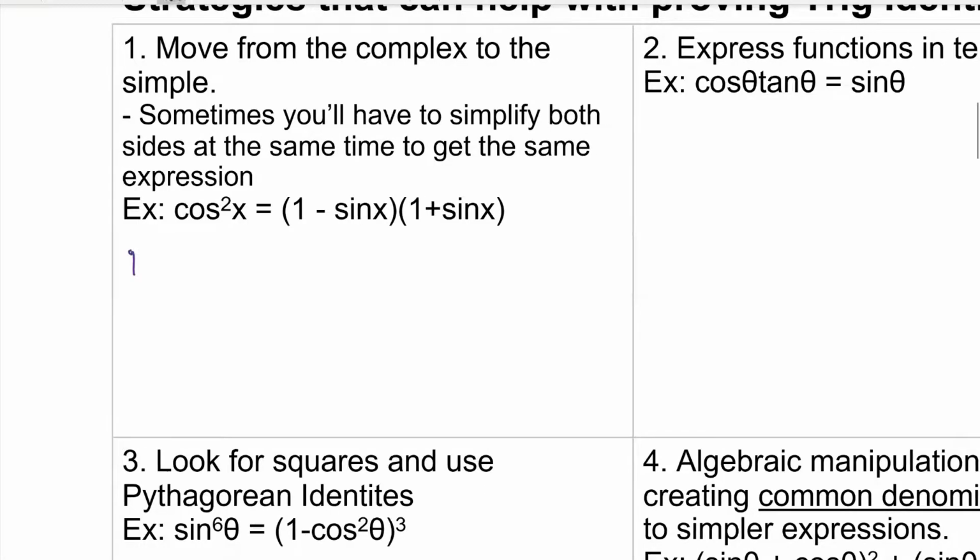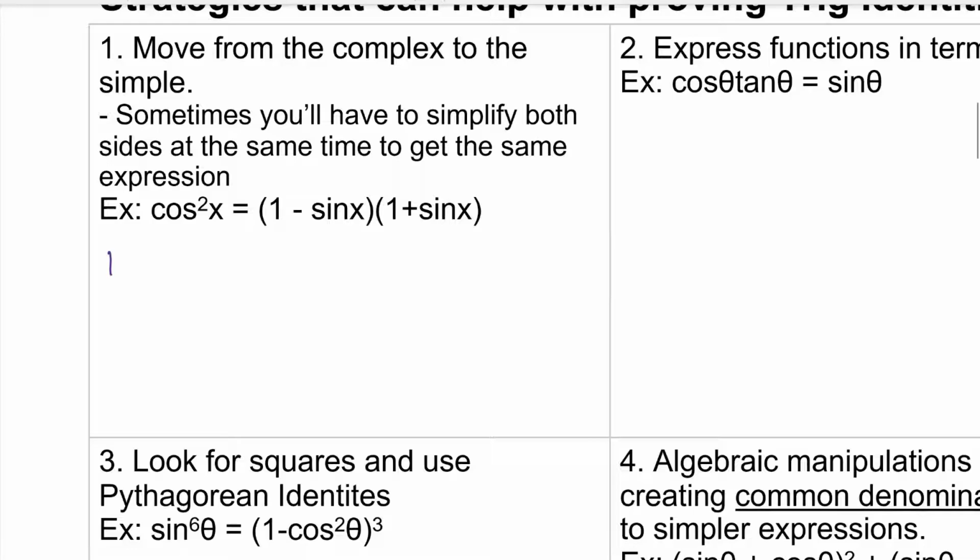So we're going to start with the right side of our equal sign. And I'm only focusing on the 1 minus sine x times the 1 plus sine x. And what I'm going to do here is expand it using the FOIL method.